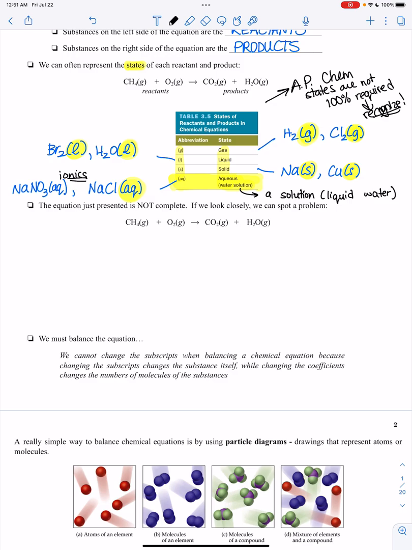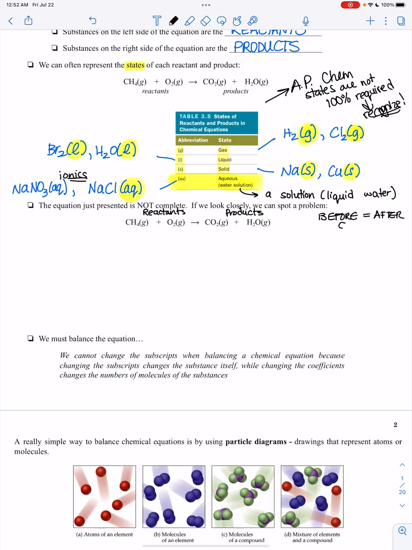To identify this problem, it's going to be important to do some atom counting. These are my reactants on the left side, and these are my products on the right side. Think about this. We know from important information part 1, my before needs to be equal to my after.